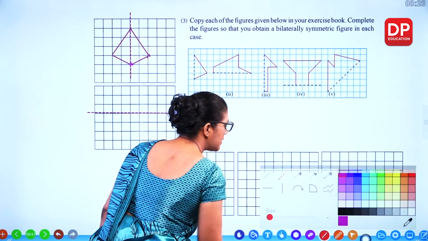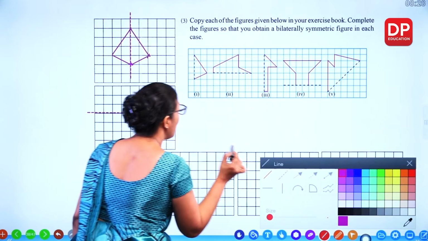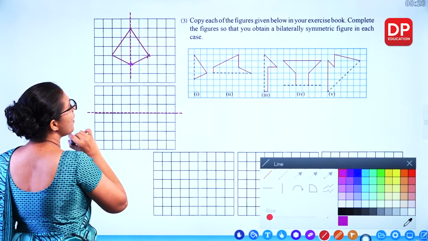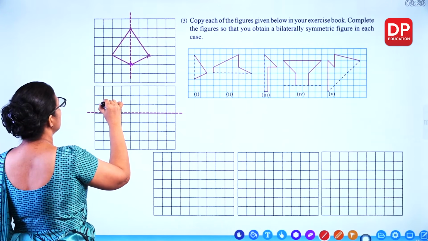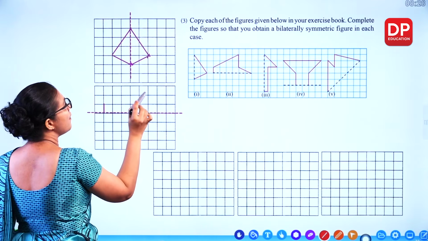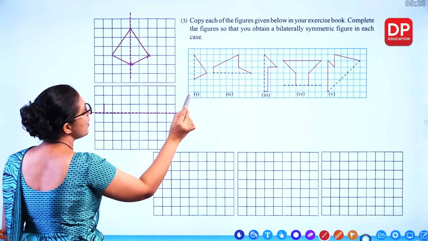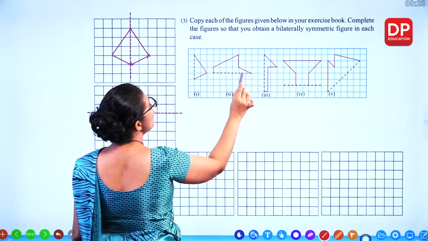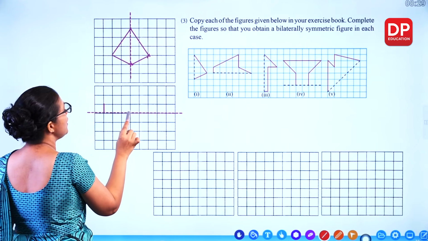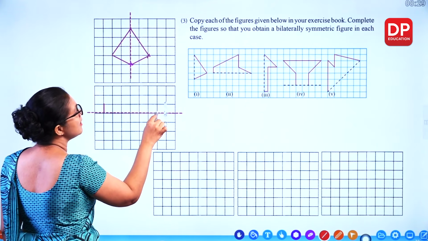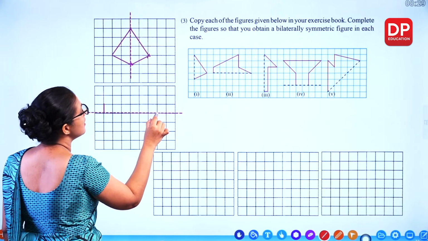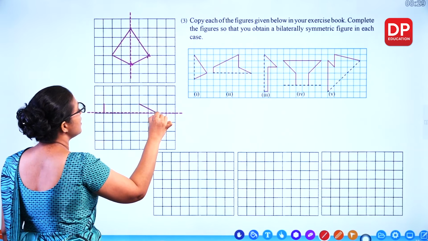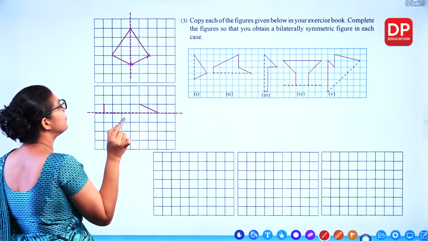Now we'll count and mark the points. 1 square up. And then here, how many squares this way? 1, 2, 3, 4, 5, 6. Here, and 2 squares this way. You get this shape.